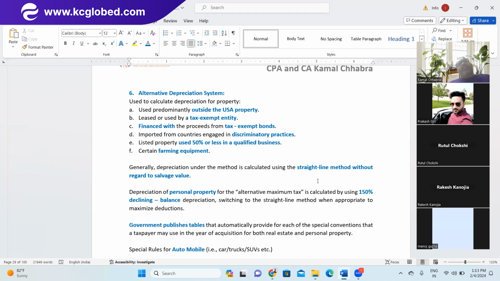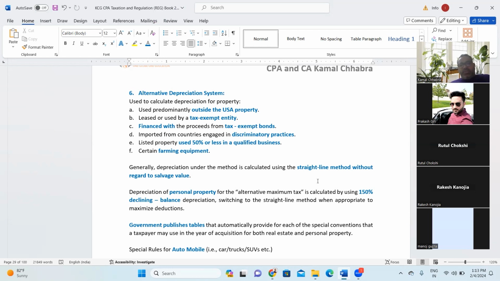So when you have assets outside the United States, then most preferably you will be using the alternative depreciation system. Leased property or property used by a tax exempt entity: if you are using the property for lease purposes, then the alternative depreciation system will also be used.